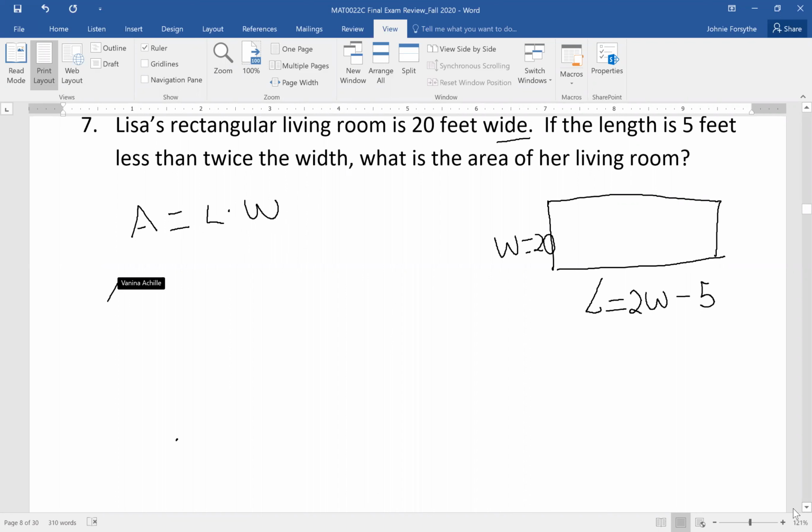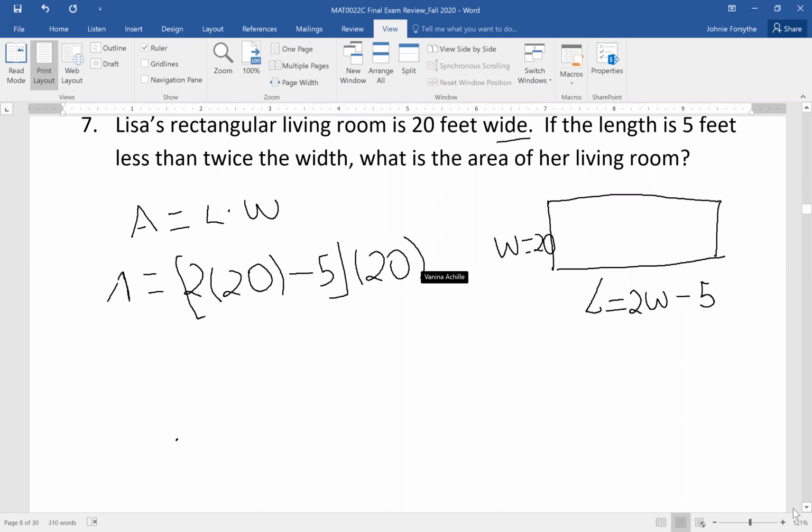So the area is going to be the length, which is 2 times W, but W we already know is 20, so I'm going to plug it in. So 2 times W minus 5, and everything is times W. And W is 20, so times 20.